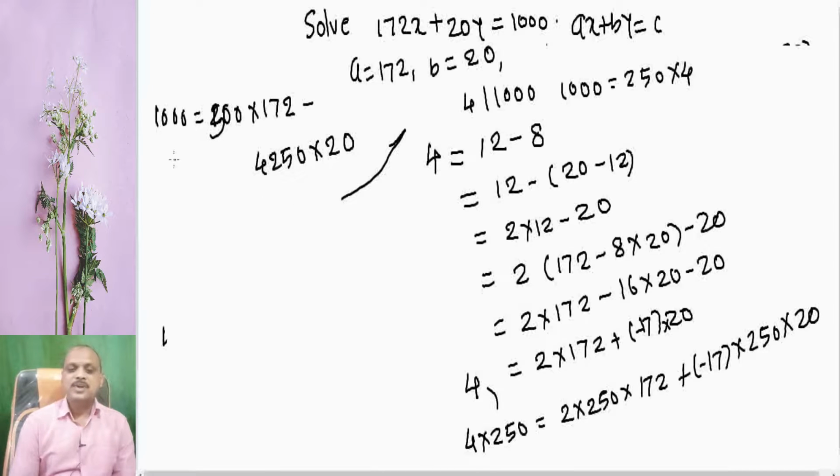So if we compare this, we have x0 equal to 500 and y0 equal to minus 4250. This is a particular solution of the Diophantine equation.